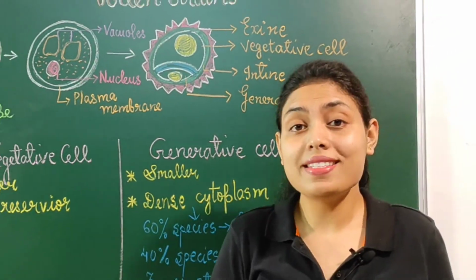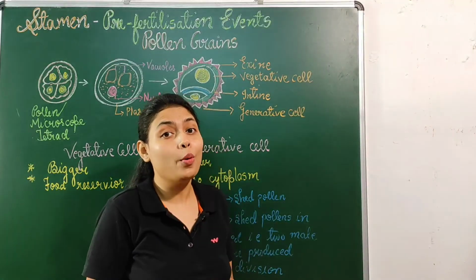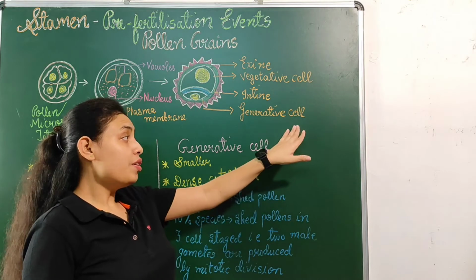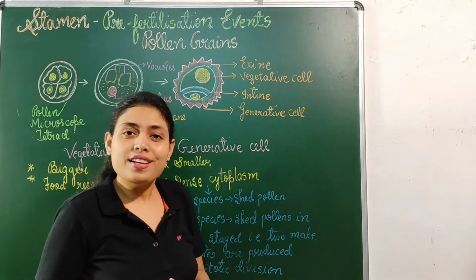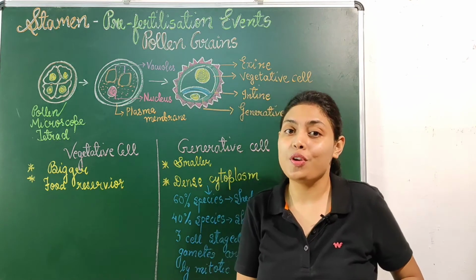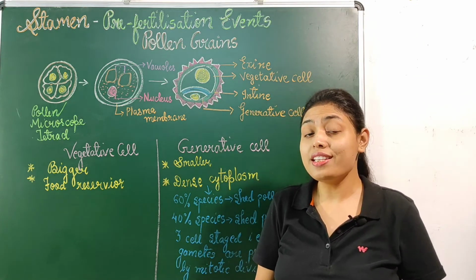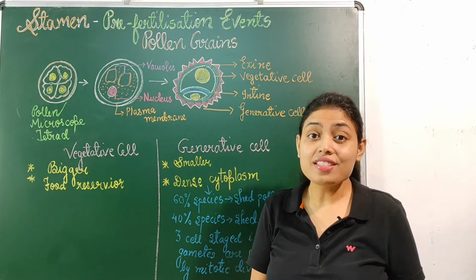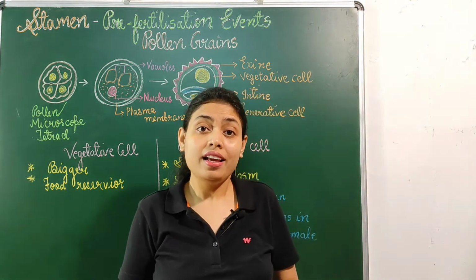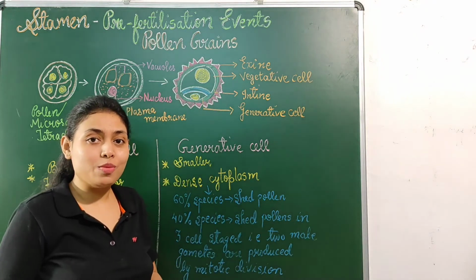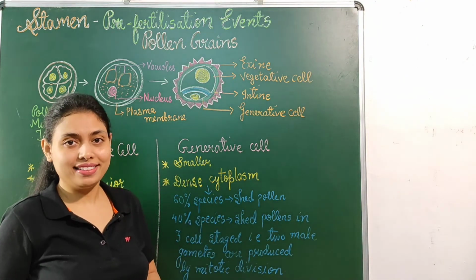Children, now let us see the other parts of a pollen grain. Vegetative cell, generative cell. Vegetative cell is bigger in size as compared to generative cell. Vegetative cell acts like a food reservoir, whereas generative cell is smaller in size and floats in the cytoplasm of vegetative cell.